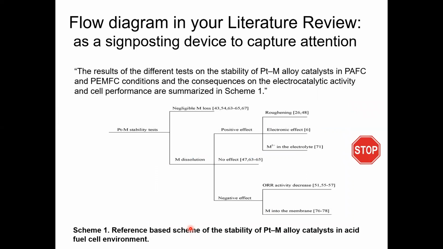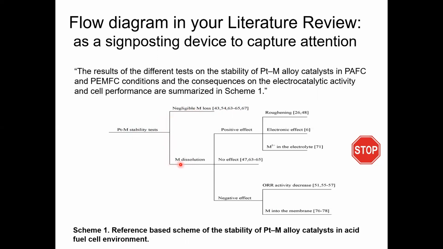Now, I've put this in because I found this a particularly innovative way of summarizing some literature. And here it is referred to, the scheme in the text. And what I like about it is he has summarized the literature on PTM stability text by dividing it up into this flow diagram. These papers, 43, 53, 63 to 65 and 68, show negligible M loss.